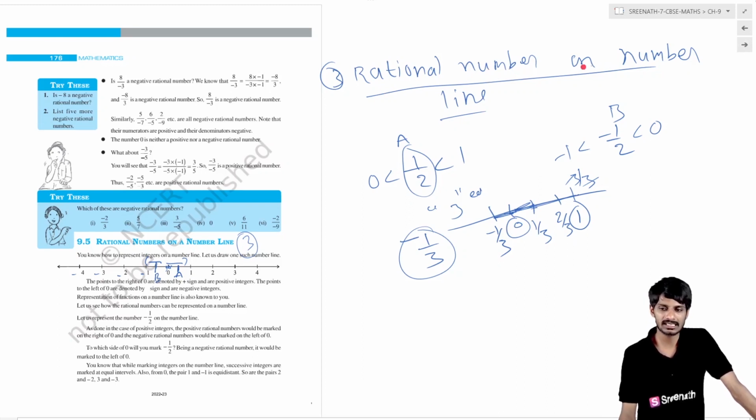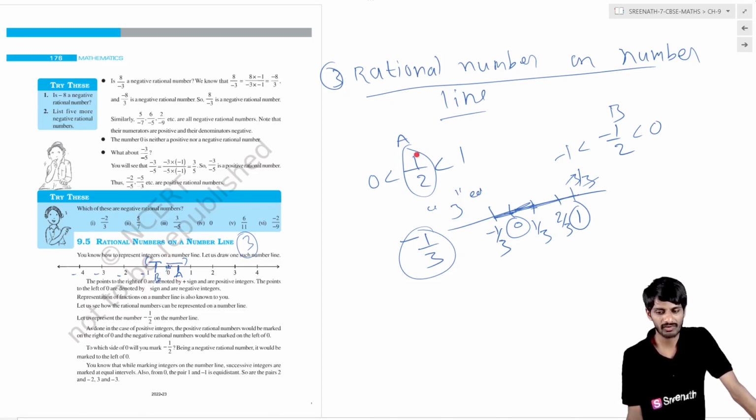How to represent rational numbers on a number line? Suppose you have to represent 1 by 2: it must be halfway between 0 and 1. You represent positive rational numbers to the right side of 0, and negative rational numbers to the left side of 0.